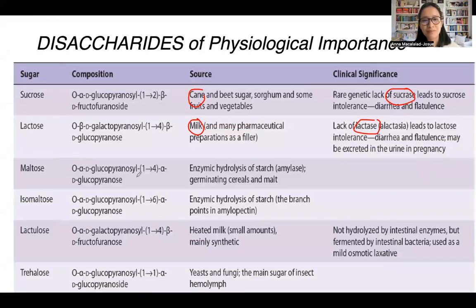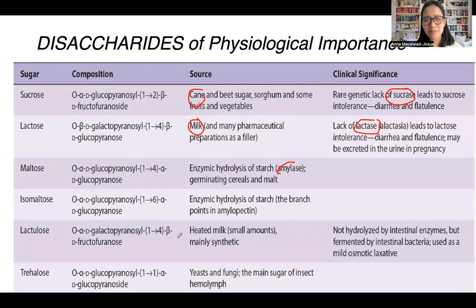So it usually comes from the hydrolysis of starch. Remember, in your mouth, no, you have your amylase enzyme, the first step in the breakdown of starch. You can also find it in germinating cereals and malt. Isomaltose, also from the hydrolysis of starch.